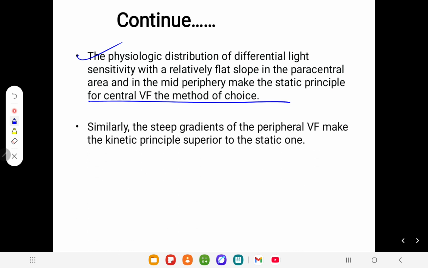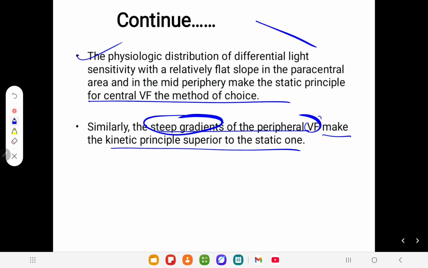And similarly, with a steep gradient in the peripheral field, a visual field defect, the kinetic principle is superior. You always understand: if there is a steep gradient, a steep defect, we choose kinetic; if there is a shallow or sloping gradient, at that particular point we choose static. If there is a steep gradient, that is a defect in the peripheral field especially, we choose kinetic.